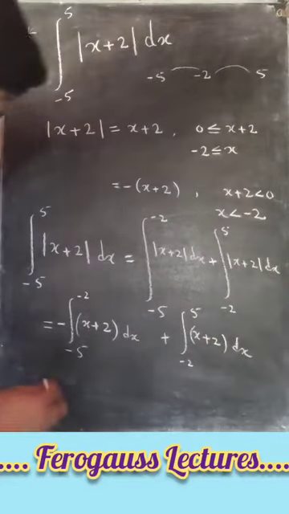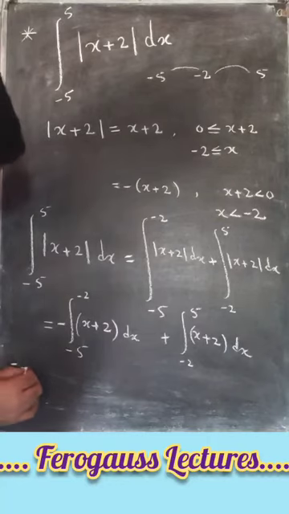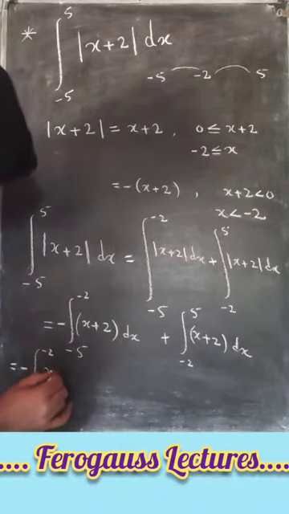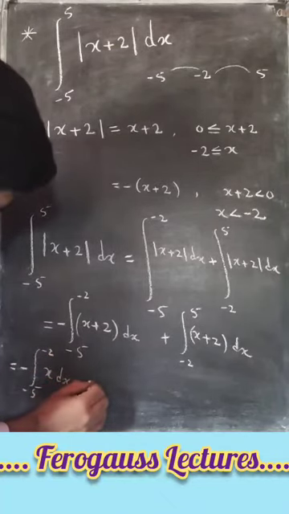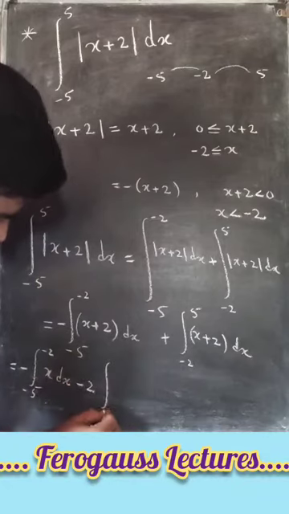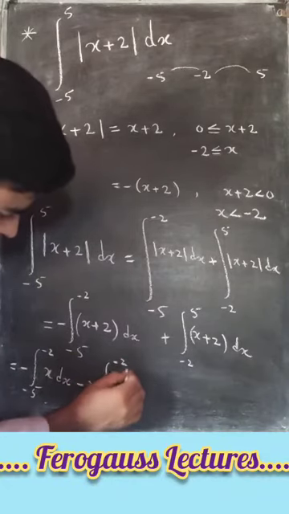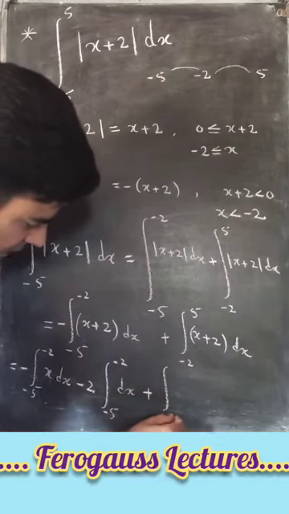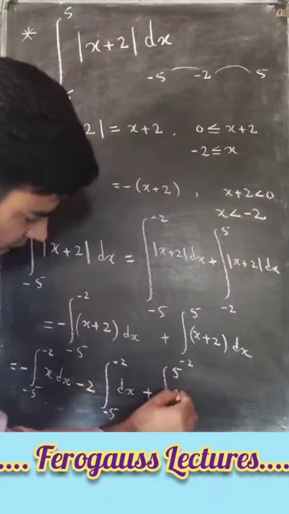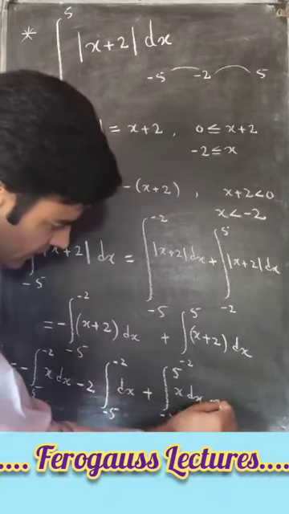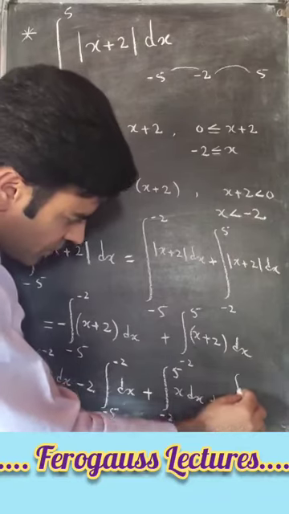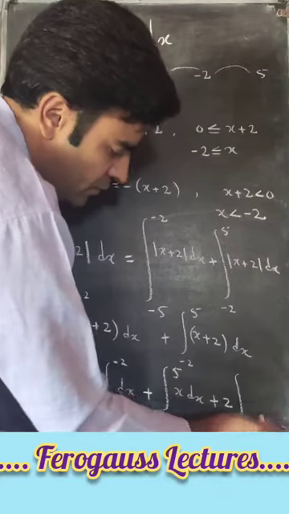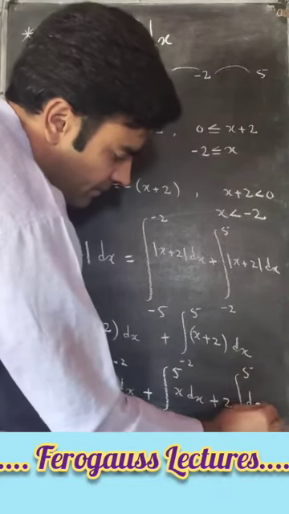dx. That is further equal to minus times integral -5 to -2 x dx, minus times 2 is constant, so it is -5 to -2 dx, then plus integral -2 to 5 x dx, then again plus 2 is constant, so we write 2 integral from -2 to 5 dx.